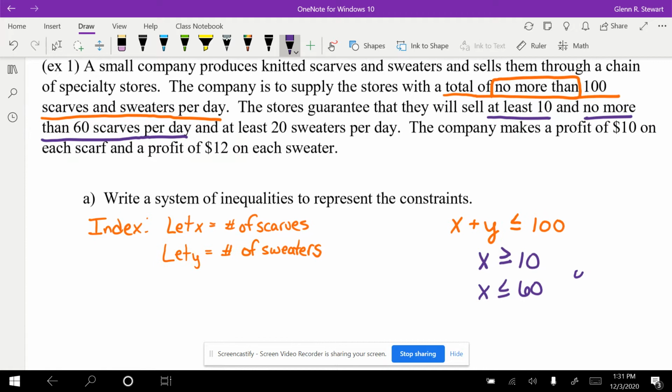You can also write this, if you wanted to, you could write this as a compound inequality. 10 less than or equal to x, which is less than or equal to 60. I chose to break it up for the sake of this practice problem.